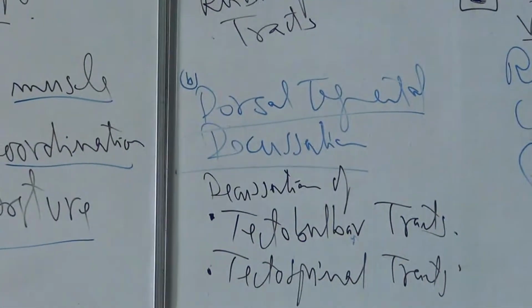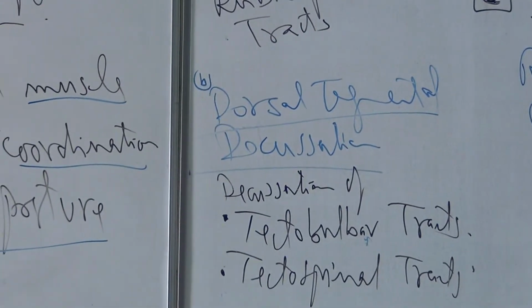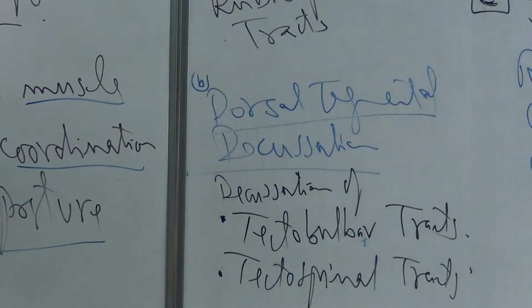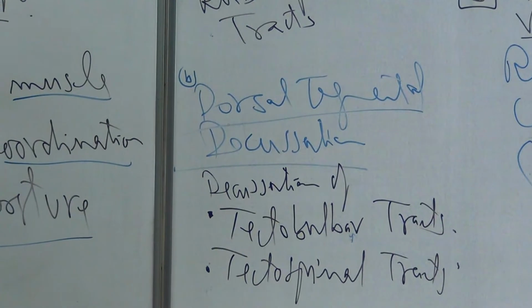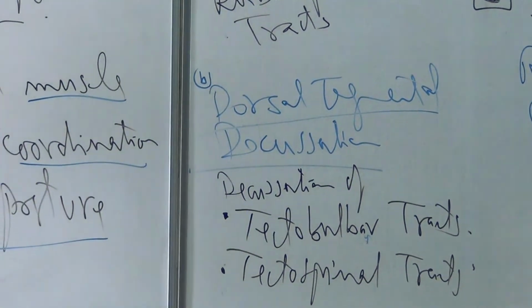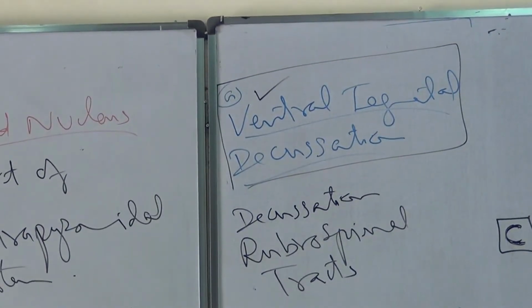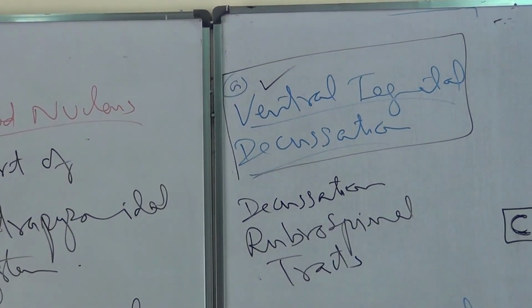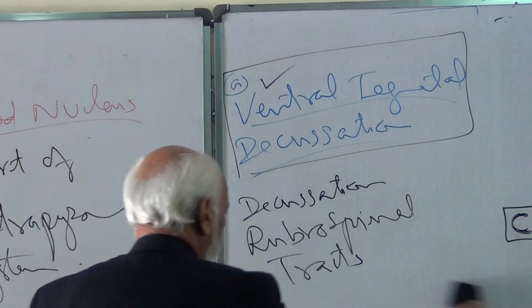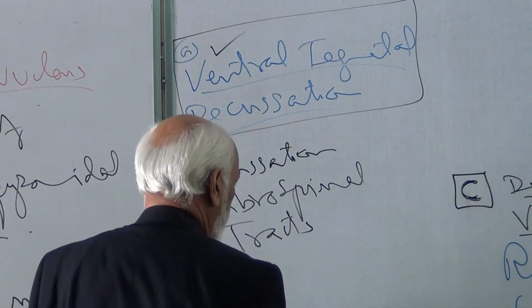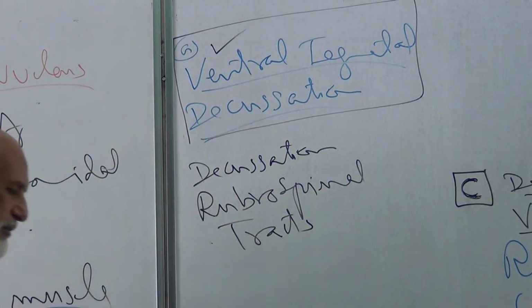But regarding Benedikt's syndrome, we are here concerned with the ventral tegmental decussation, located between the two red nuclei, and the efferent fibers arising from the red nuclei cross and then descend to enter the spinal cord.